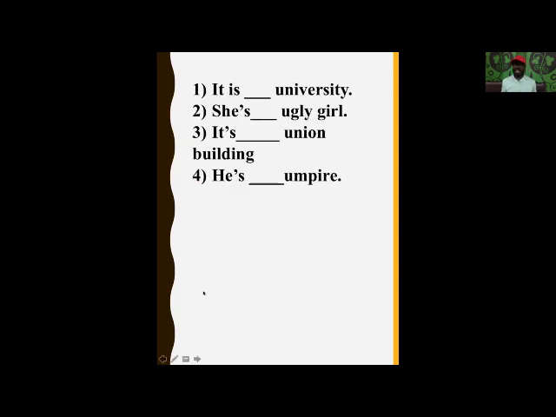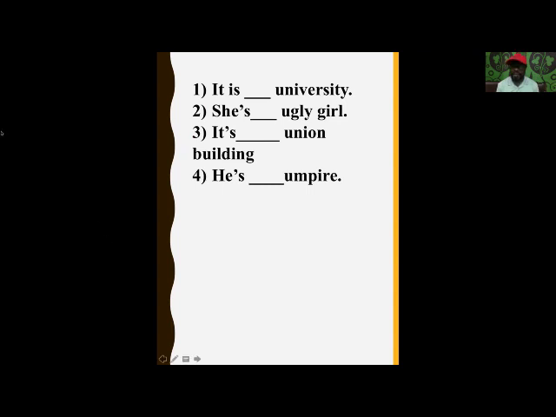Practice. Can you fill in the right word? Go to your book, write the word practice 2. Practice 2. Pause the video. Fill in the blank with the right article. 1, 2, 3, and 4.